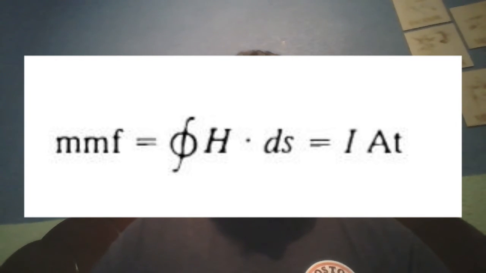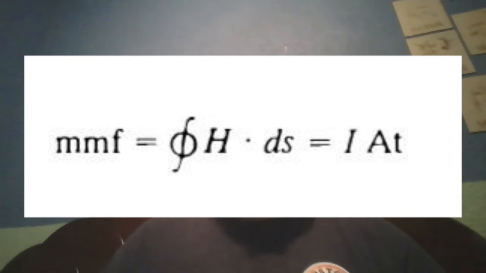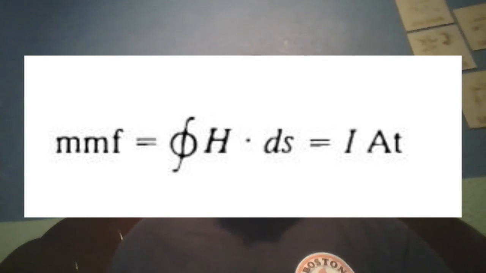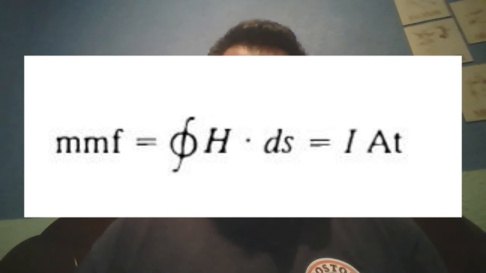The MMF equals the line integral around the closed path of the component of the magnetic field intensity tangent to the path, where H is magnetic field intensity, s is distance along the path, and I is current enclosed. Flux linkage between two points external to an isolated conductor.